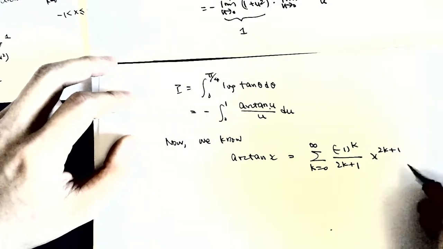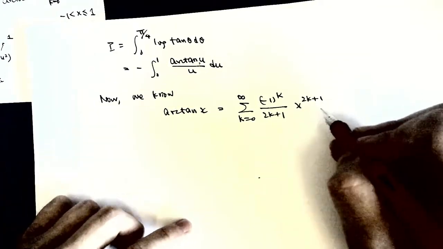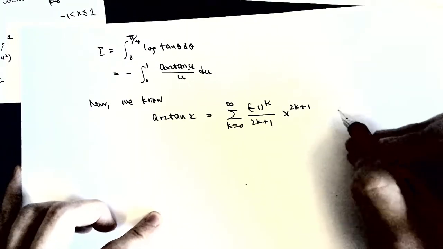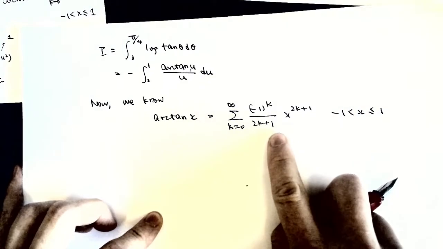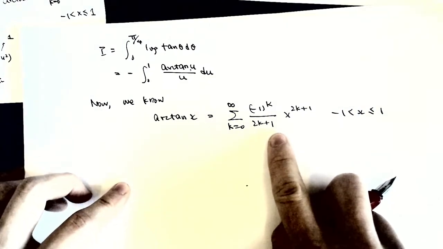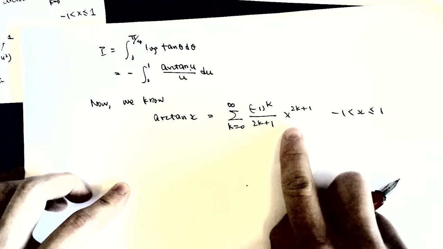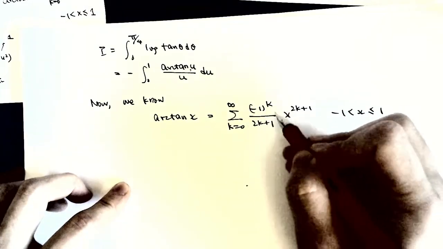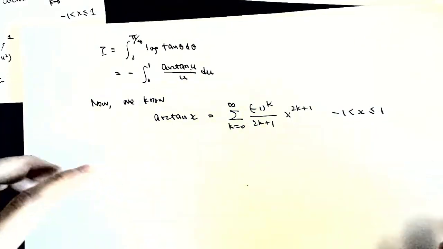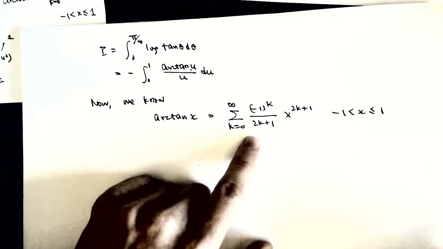We know that the radius of convergence of this series is 1, but in fact this infinite series is also valid for x equals 1, because the terms form a strictly decreasing sequence, and by the alternating series test, we know that it converges, of course conditionally.